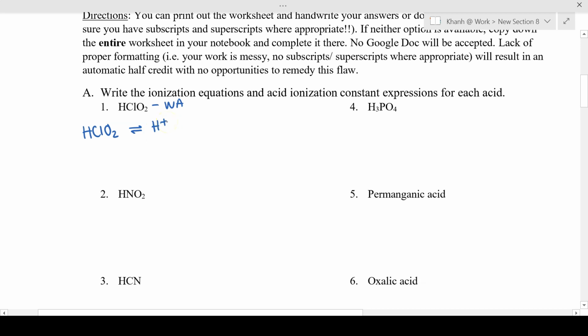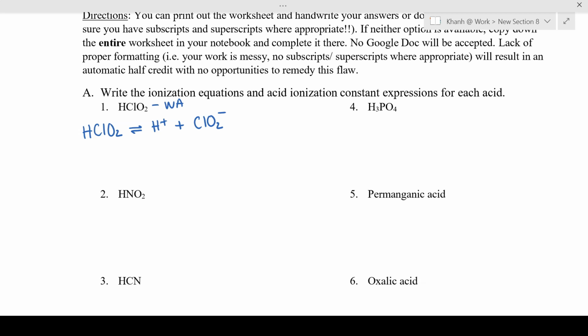And then the second product is whatever is left, right? Now we have HClO2. If H is gone, then what we have left is just ClO2 minus. So we got that first thing done, write the ionization equation.